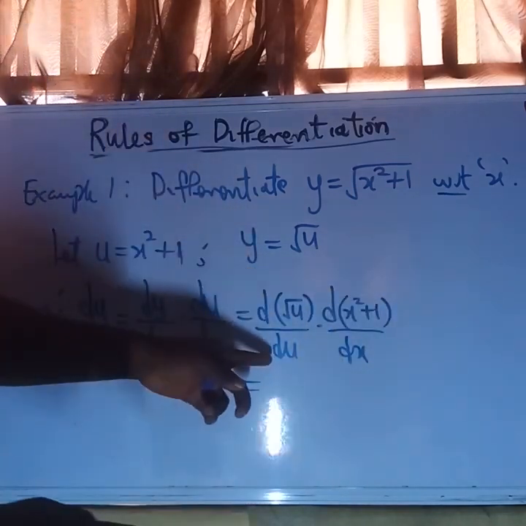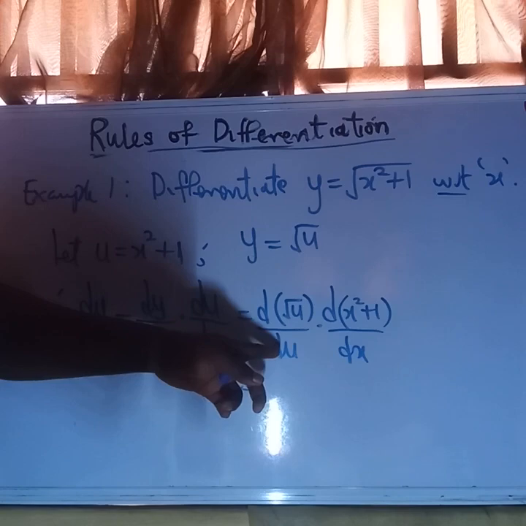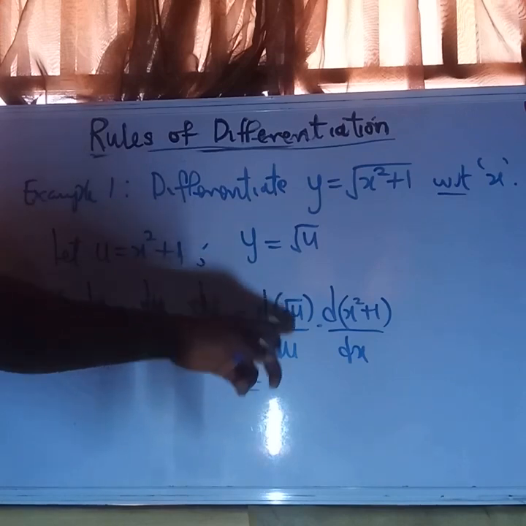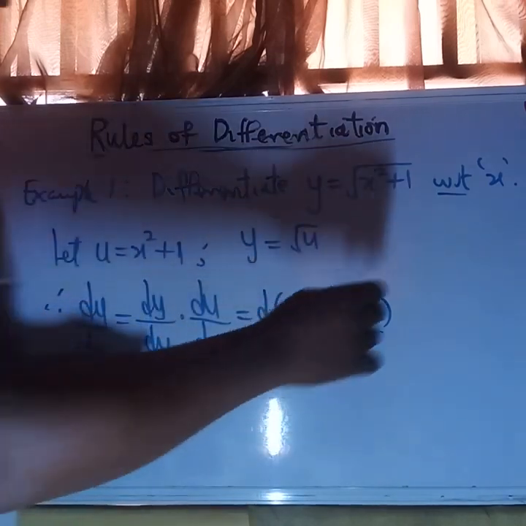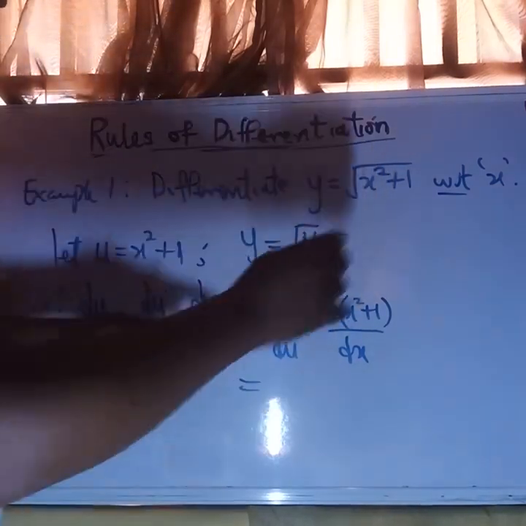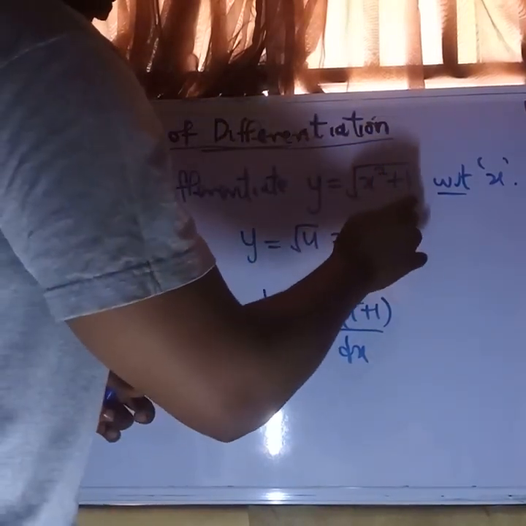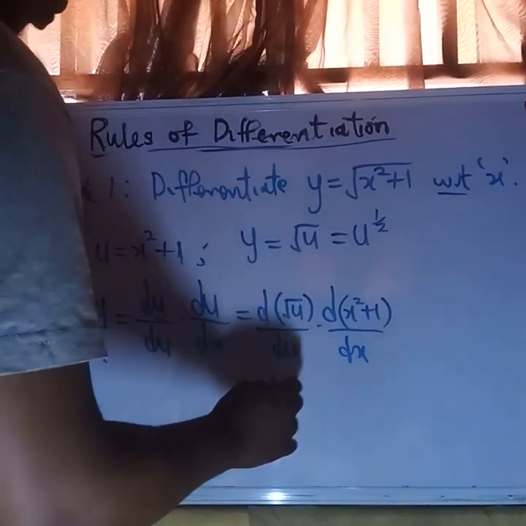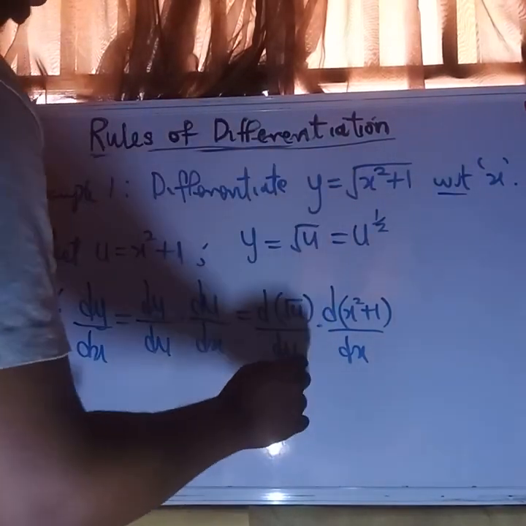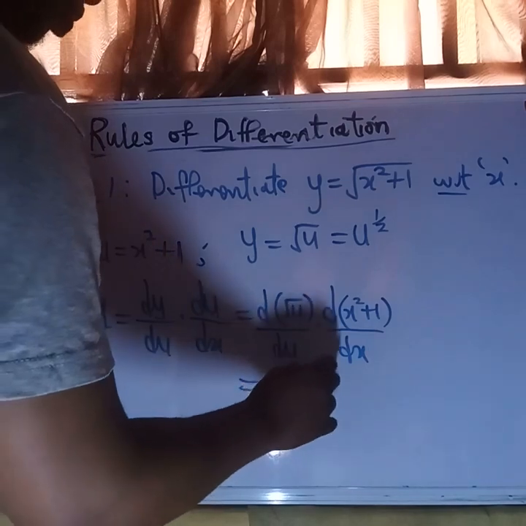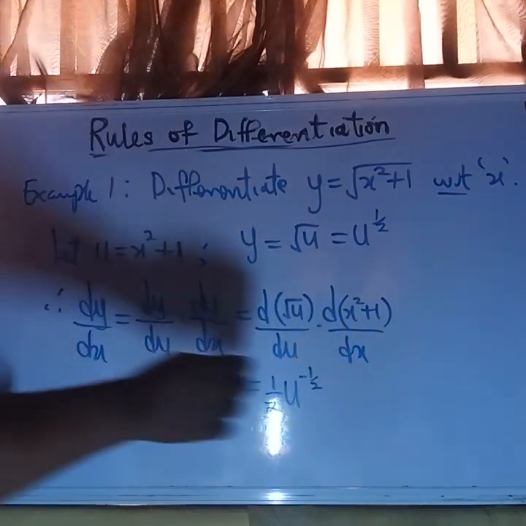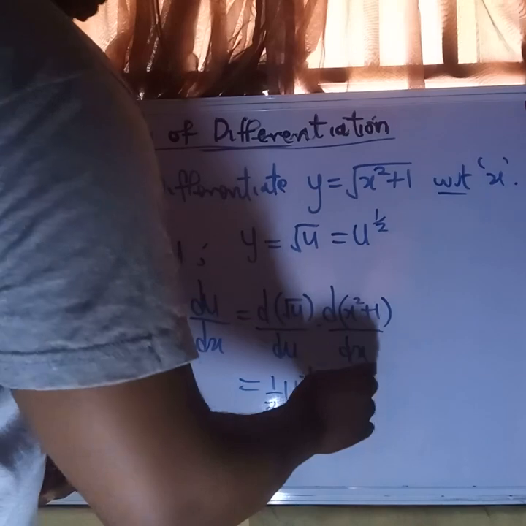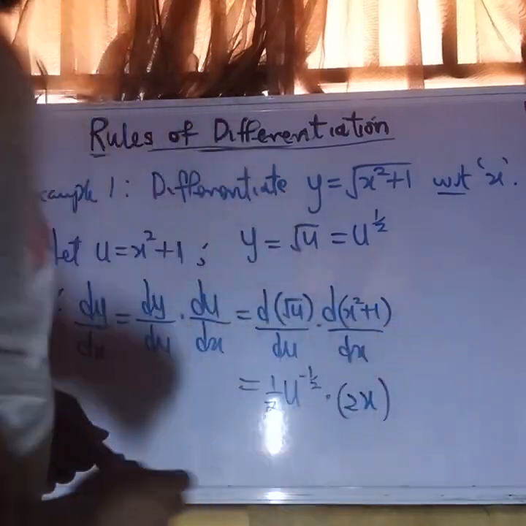When we differentiate square root of u using the power law, the half will come down and we remove 1 from the power, and this will be multiplied by 2x.